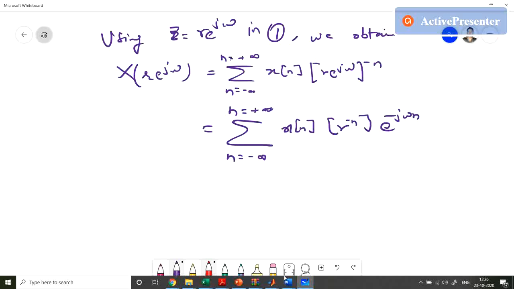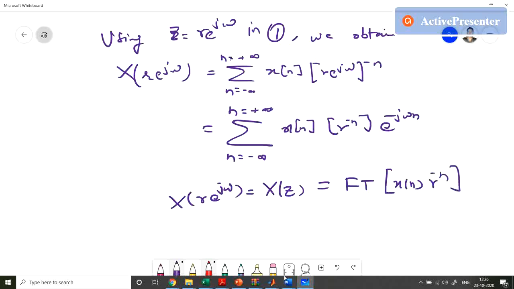If we analyze this expression carefully, X(z) at z equals r e^{j omega} is nothing but the Fourier transform of x[n] r raised to the power minus n, that is, the discrete time Fourier transform.